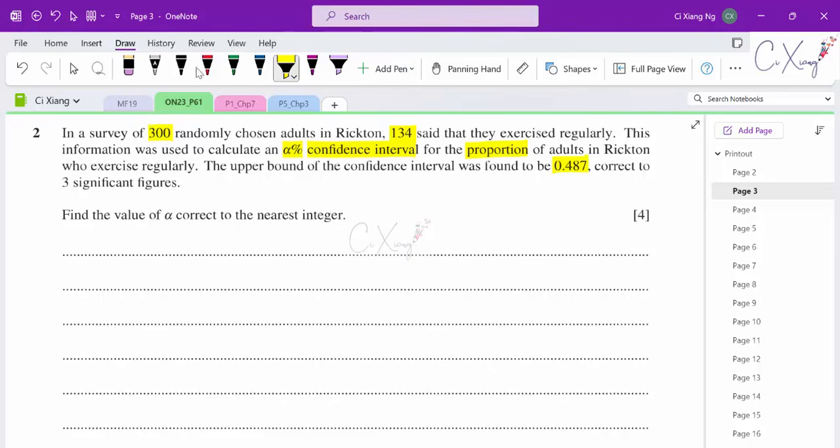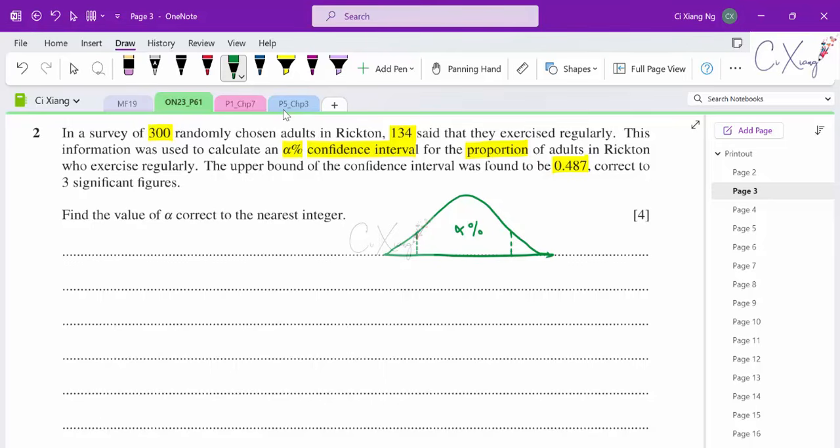First of all, we need to know that for any confidence interval, the confidence level alpha has the meaning of the percentage in the center, that forms the width of the confidence interval. So the center value here will be alpha percent, or you can put it as alpha divided by 100 if you want a probability. Due to the characteristic of the normal distribution graph, they are symmetric to each other.